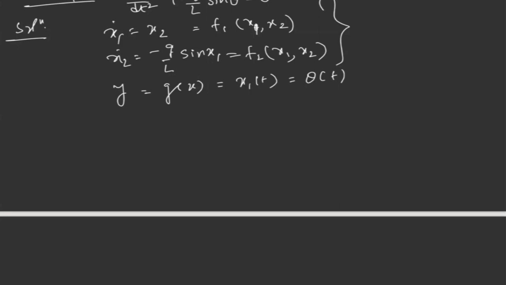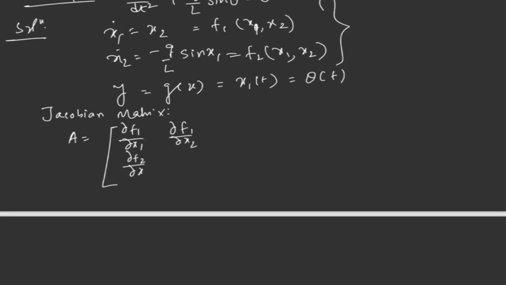And for this system we can write the Jacobian matrix: dou f1 by dou x1, dou f1 by dou x2, dou f2 by dou x1, dou f2 by dou x2.